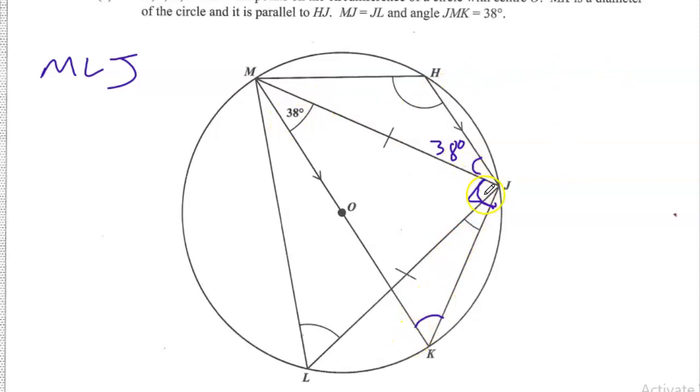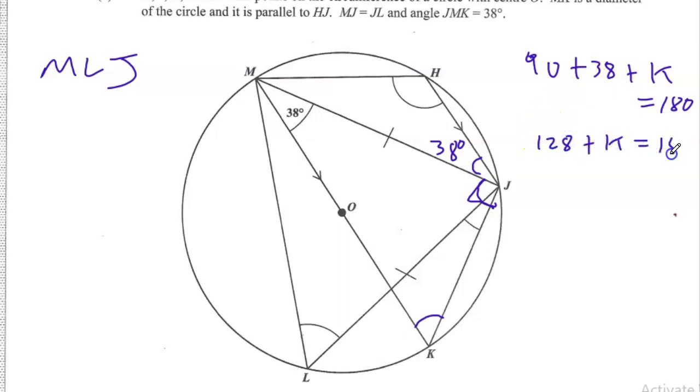So if I add this 90 plus 38 plus angle K, I should get 180. 90 plus 38, that's 128, plus K gives me 180. If I subtract 128 from both sides, K is 180 minus 128, that's 52. So this angle is 52 degrees.